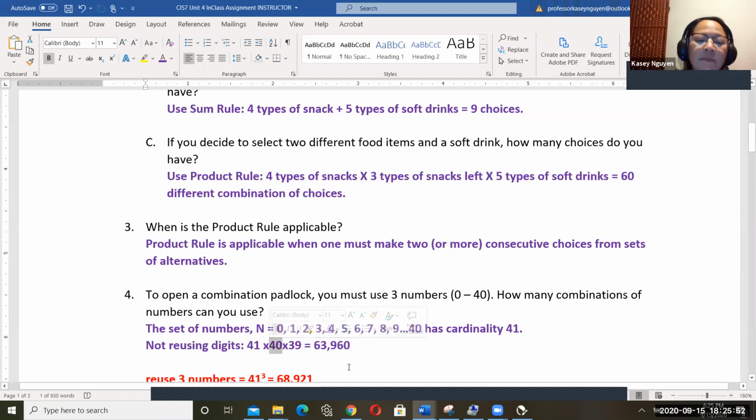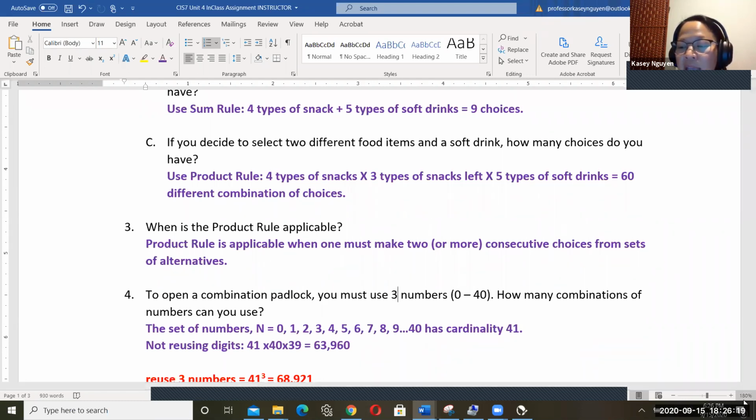Then we pick a number and it reduces to 39 for the third round. And since it's 3 numbers, we stop there, which gives you 63,960 variations in the combo. That's if we don't repeat the numbers.